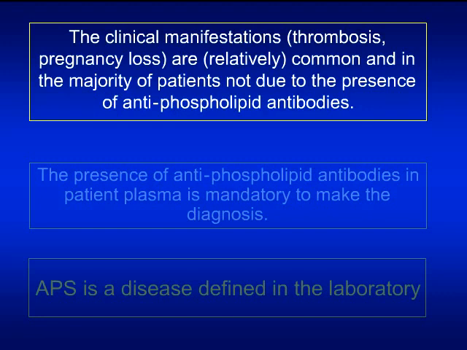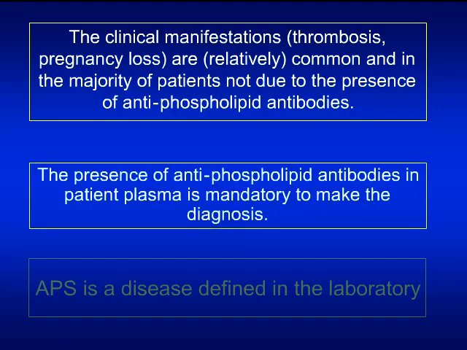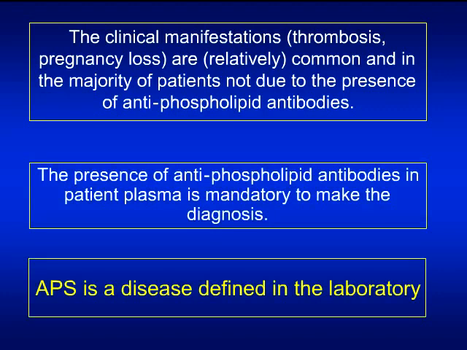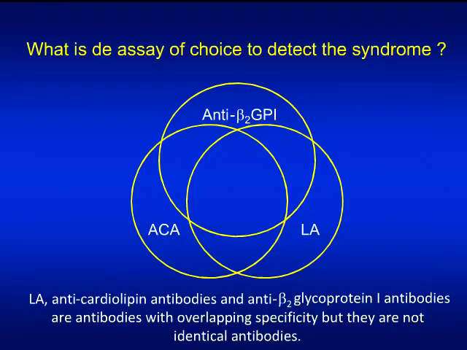So it is very difficult to define the syndrome only on clinical manifestations. To make the definition, you need a laboratory. The presence of antiphospholipid antibodies is mandatory to make the diagnosis. Thus, the antiphospholipid syndrome is a disease that is defined in the laboratory, and that leads to some important conclusions.